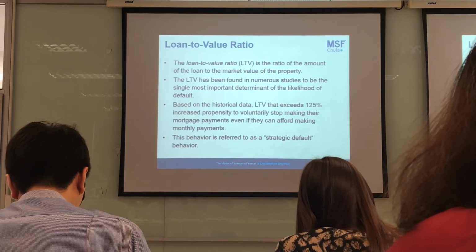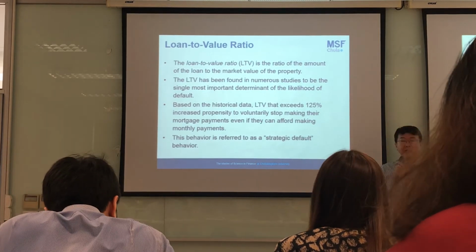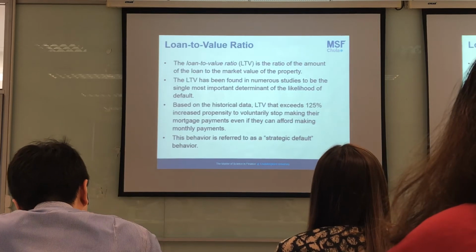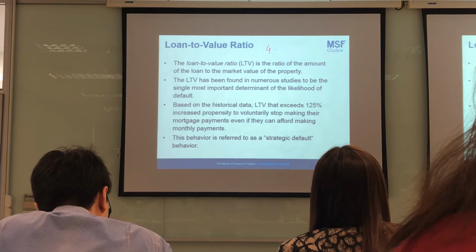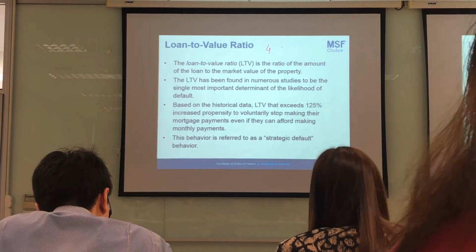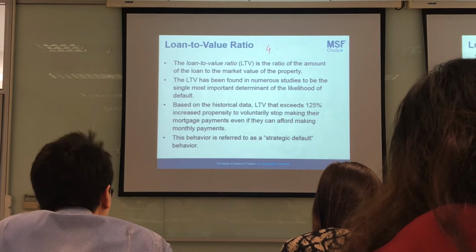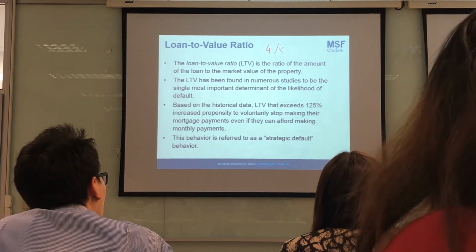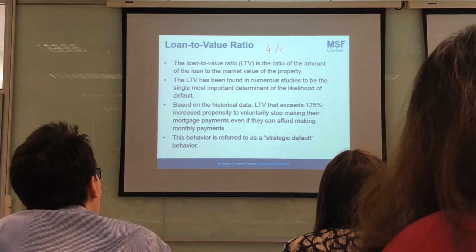You don't pay any down payment at all. Suppose the house price is 5 million. With LTV 100%, it means you borrow 5 million. However, if you borrow only 4 million from the bank and you pay 1 million yourself, in this case the LTV would be 4 over 5, or 80%. The 1 million you pay yourself is called down payment, right?